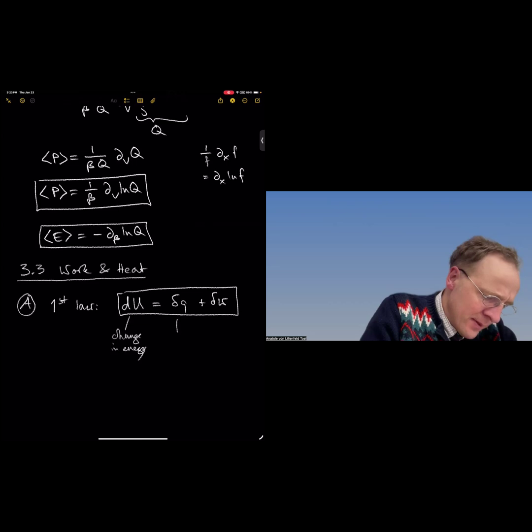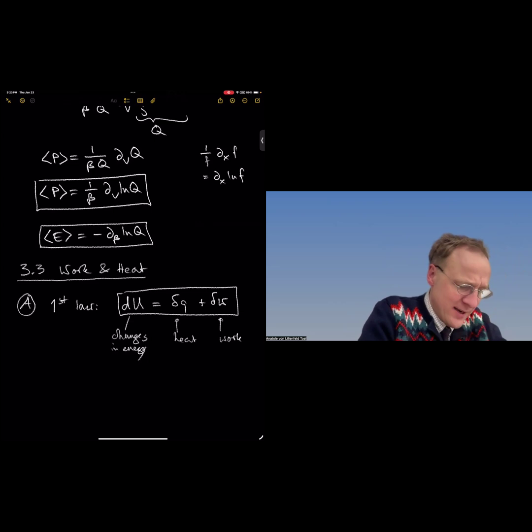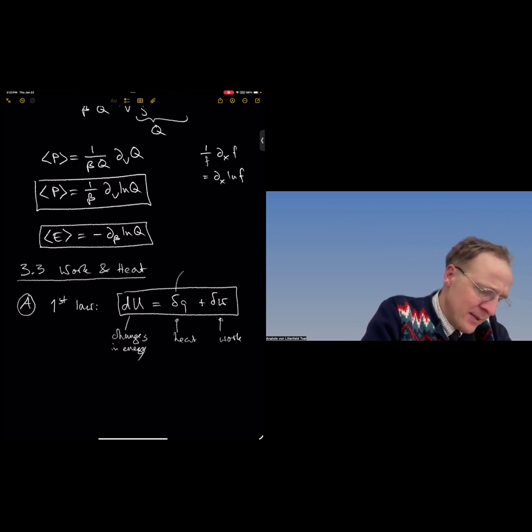And these are changes in heat, Q, and work, W. And we make use of this funny delta symbol because these are not state functions, but path-dependent functions.